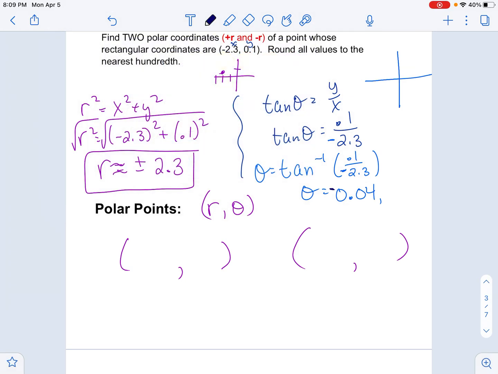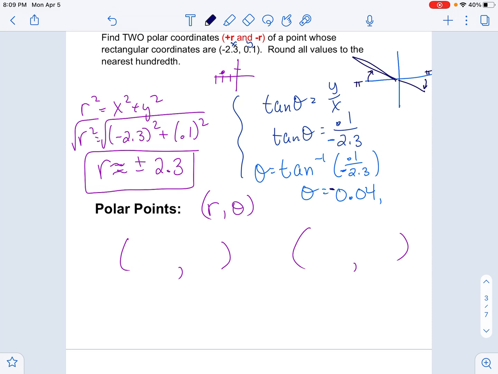This should be negative 0.04, not positive 0.04. So hopefully you caught that. So that gives me an angle that is negative in quadrant 4, because that's one place where tangent is negative. Tangent's also negative in quadrant 2. So I have to rotate back from pi, since I'm in radians, 0.04 radians back from there.